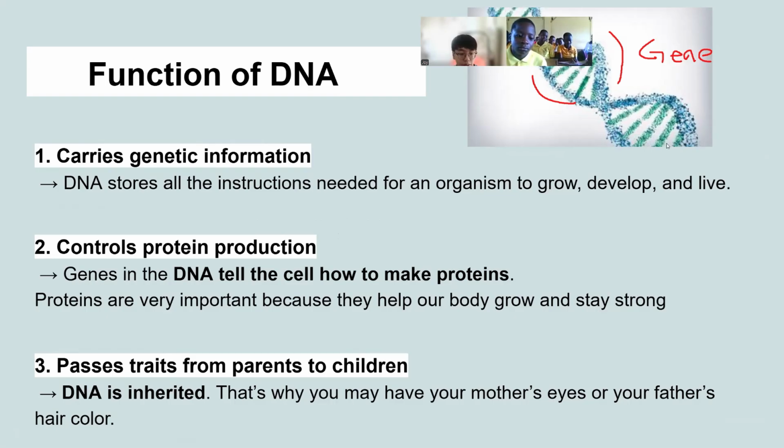In the cell, certain parts can be made of a certain protein, and genes and DNA control what proteins to make. Does that make sense?